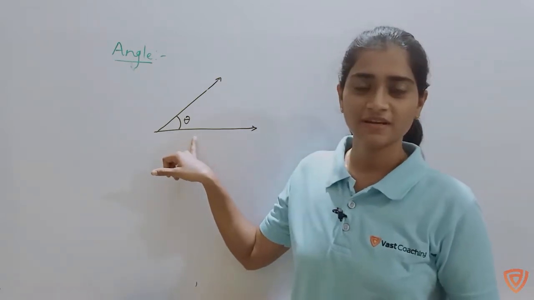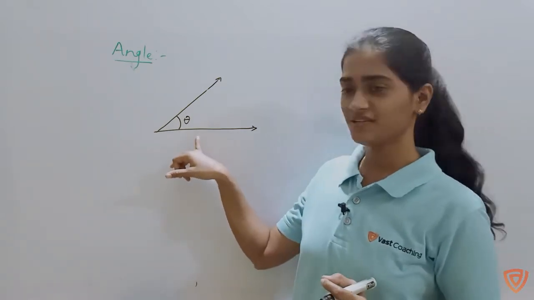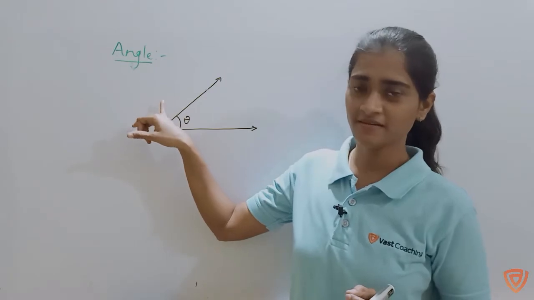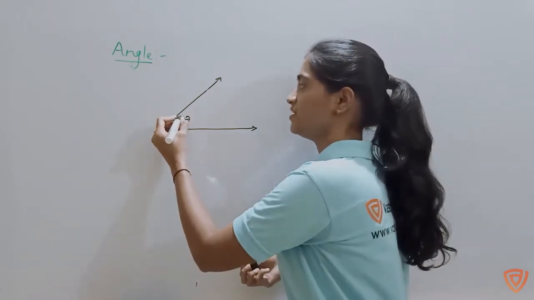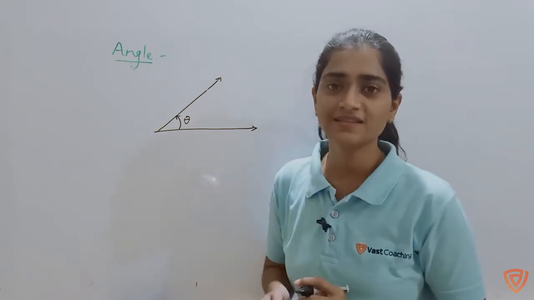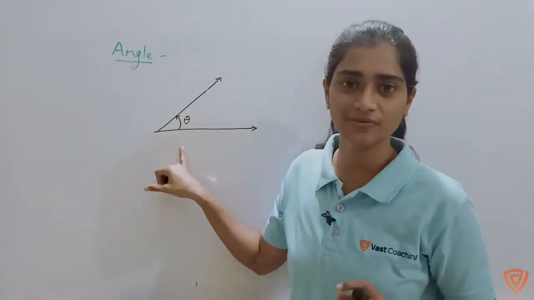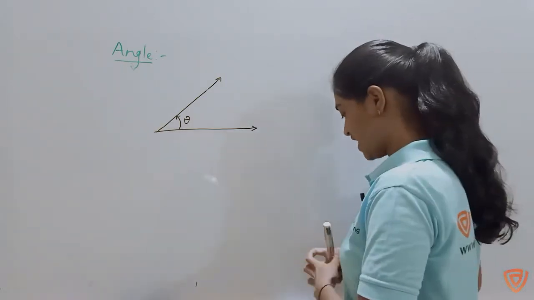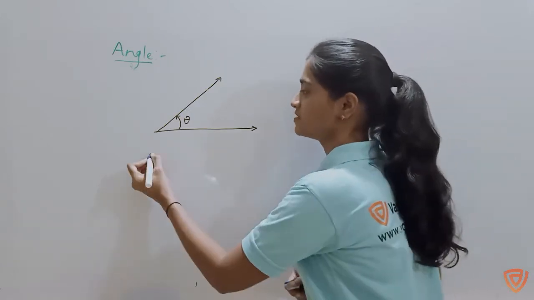If we take the rotation in the anti-clockwise direction, we call the angle a positive angle, right? Such an angle is called a positive angle.